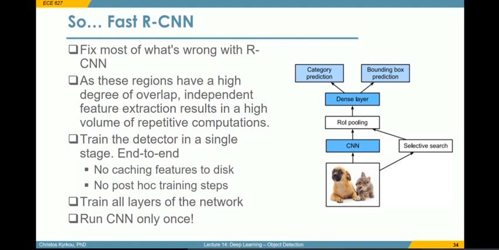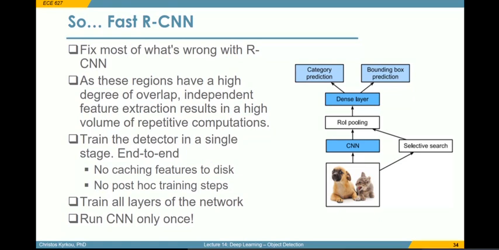So what they wanted to do here is pass the whole image once through the CNN and work from there for the rest of the pipeline. An additional advantage is that in this way we can train and update the parameters of the base CNN at the same time during training.